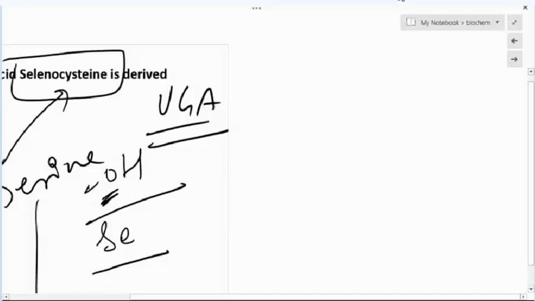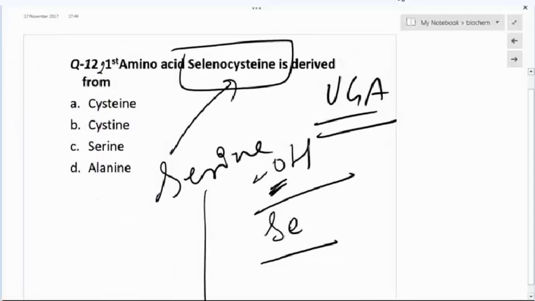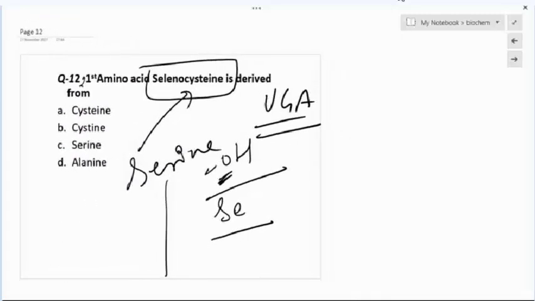And this is a recent question in AIIMS, the AIIMS exam was just this Sunday, and they asked a very popular question: is selenocysteine a post-translational modification or a co-translational modification? Please remember, selenocysteine found in the polypeptide is not there due to post-translational modification, rather it is a co-translational change.